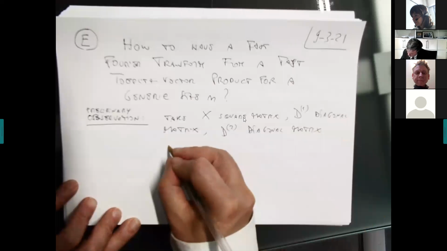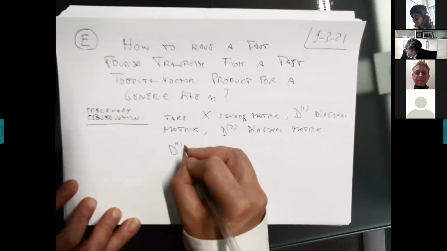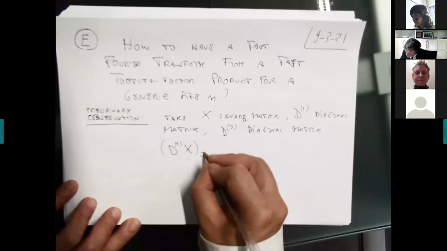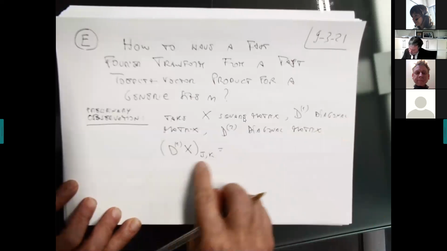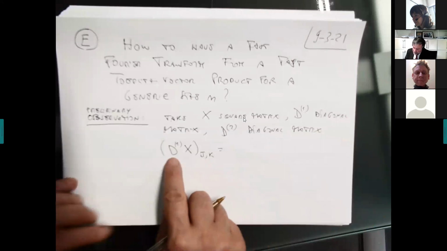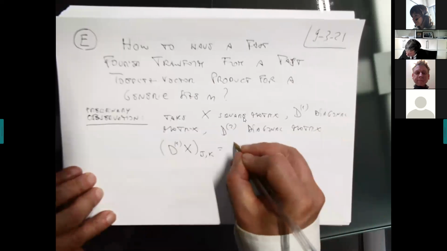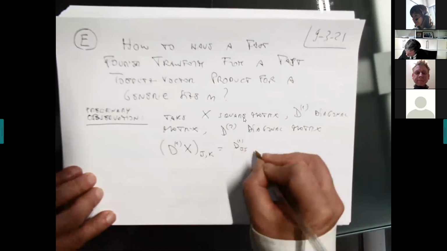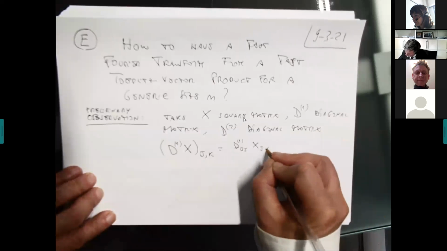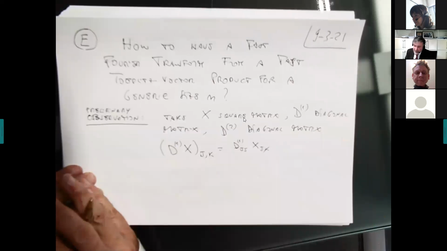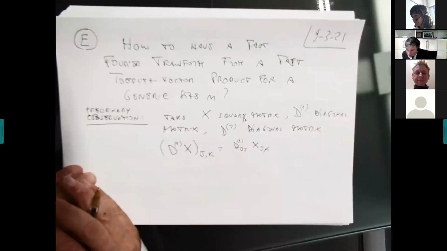If you multiply D1 times X and you ask which is the jk component, since the diagonal is on the left, you are scaling the row. So this is D1 jj times X jk. You understand? You are scaling the row.